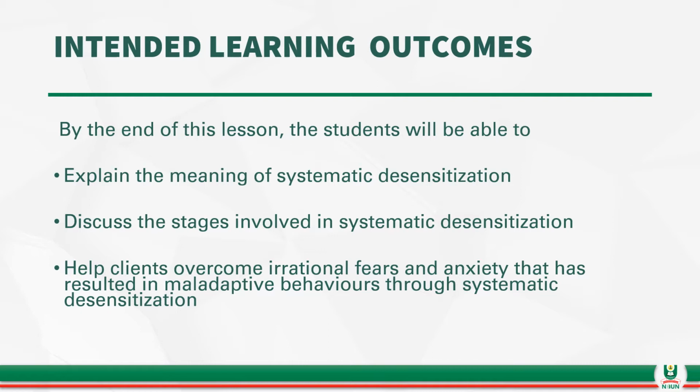Those are our intended learning outcomes. By the end of the lesson, the students will be able to explain the meaning of systematic desensitization. We will be able to discuss the stages involved in systematic desensitization. We will also be able to help clients overcome irrational fears and anxiety that has resulted in maladaptive behaviors through systematic desensitization.